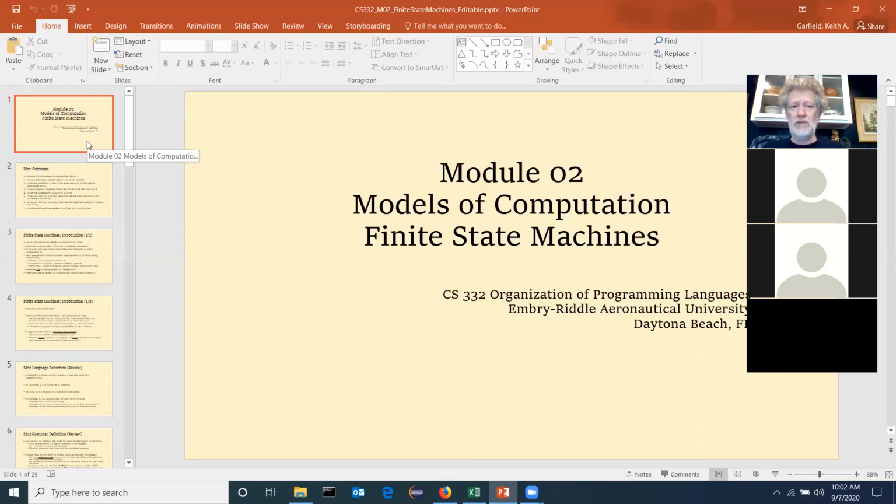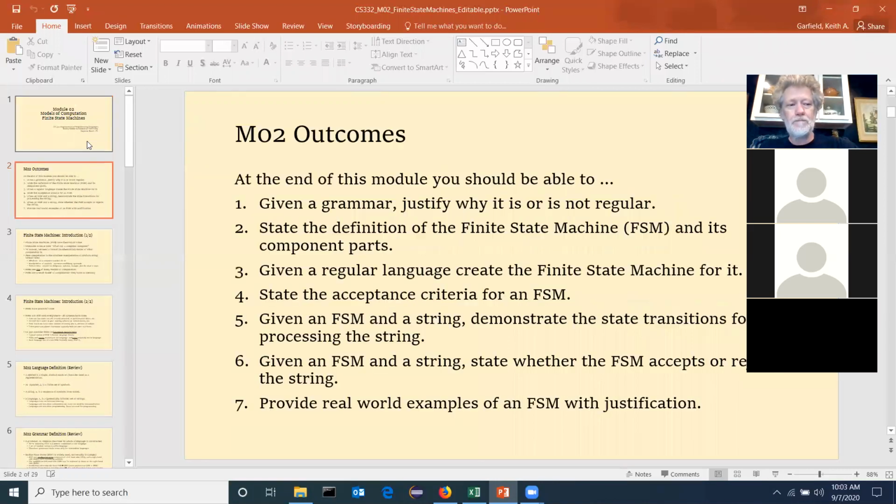And then what we'll do is build on this and go from finite state machines to stack machines, which is a pretty simple transition, and then from there to Turing machines. And what we're doing is we're climbing up the Chomsky hierarchy in terms of computational power as we go through these. Okay, the outcomes, again, at the end of the week, convince yourself you know this stuff.